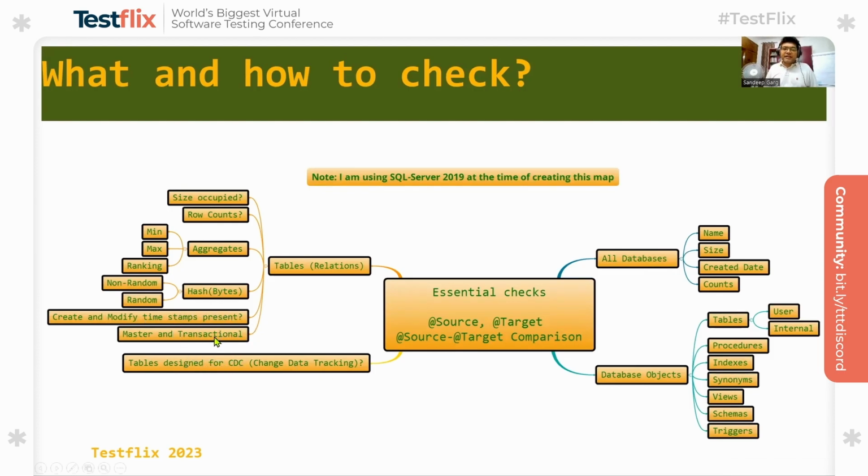What are the master and transactional tables? What are the different database objects before migration and after migration, so that you can compare safely. CDC, change data capture, so that you know which tables have this flag enabled, so that whenever a change comes, it is being recorded.